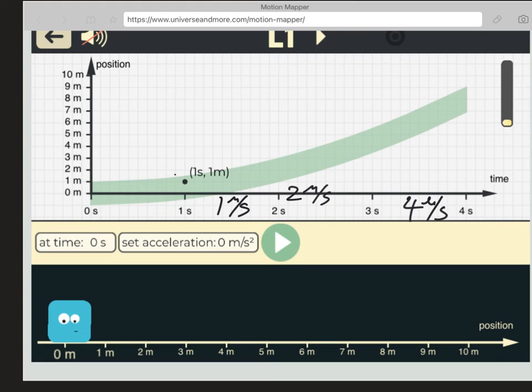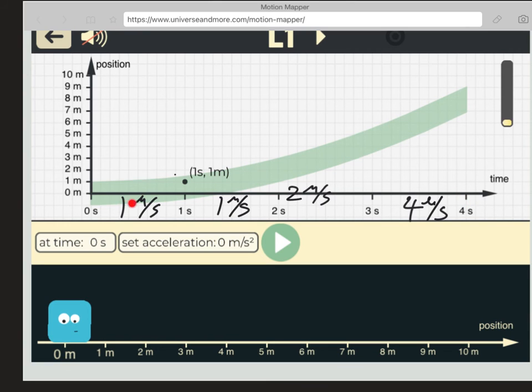And maybe 1 meter per second here, because we know that that one's 0 over there. So if I look at that, that's hard to understand. But what I need to understand is by my 2 second point, I'm going at about 2 meters per second. And I'm traveling at 4 meters per second by about my 4 meters.